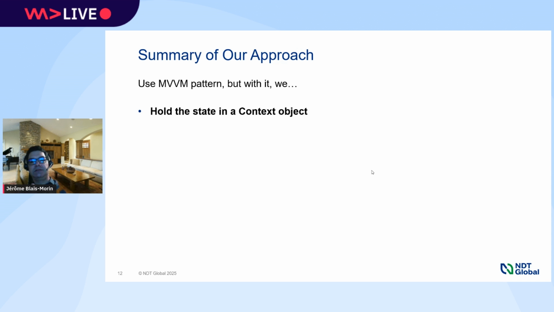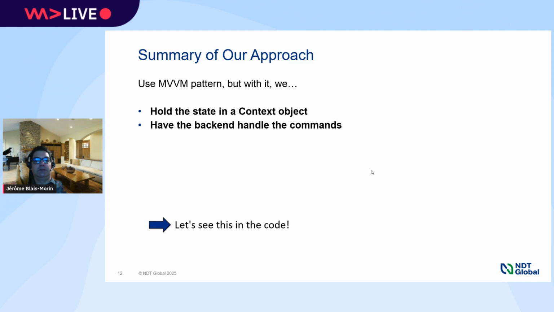So we have a context object, and that will contain the state of, in our case, the module, it can be of the whole application, depending on how you do it, but it holds the state of it. And the second one is that we'll have all the commands handled by the backend instead of in the view model directly, as they do it in the normal view model approach in MVVM. Let's see that in more details.